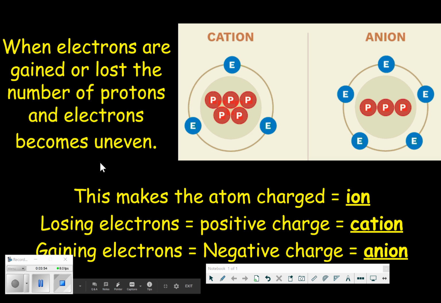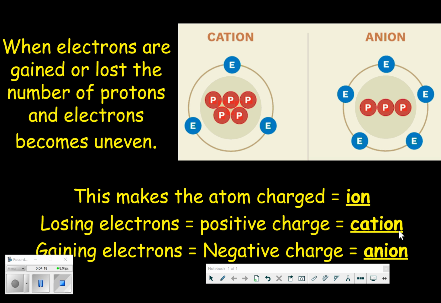When electrons are gained or lost, the number of protons and electrons become uneven. This makes the atom charged. An atom that is charged is called an ion. Losing electrons equals a positive charge, and that's called a cation. Gaining electrons equals a negative charge, and that is an anion.